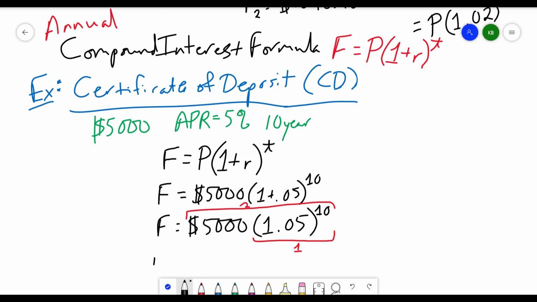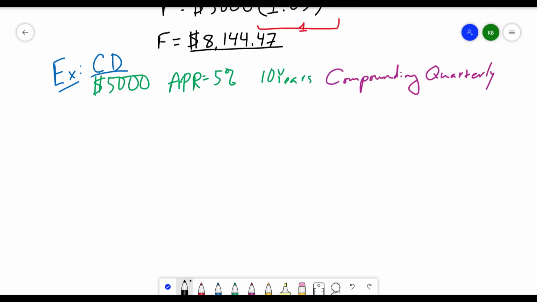So once we work this out and we get our order of operations right, we have that our CD will be worth $8,144.47 after 10 years. Now let's take a look at the same example, except this time the interest is going to compound quarterly.